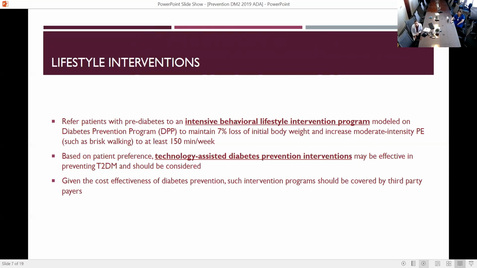With this guideline, they say you can use technology-assisted diabetes prevention interventions, and that may also be effective in preventing the progression. It's cost-effective in the end, but sometimes third-party payers may not pay for those classes.